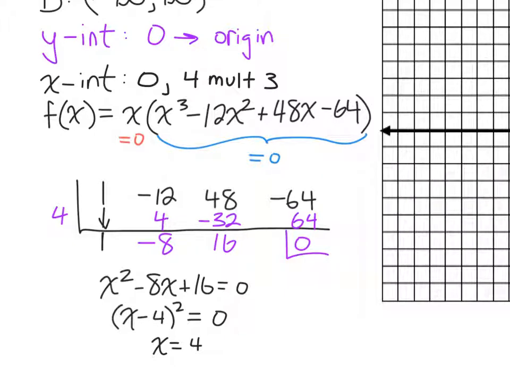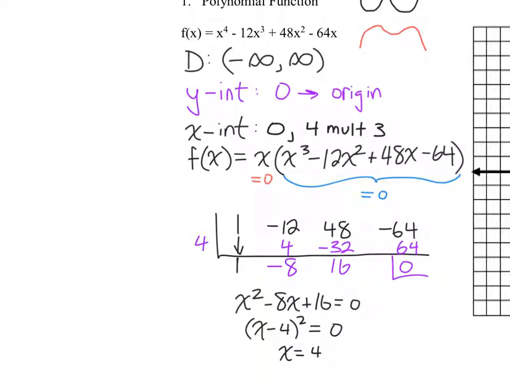If it's multiplicity of 3, it behaves like a cubic function around the x-intercept. So I actually have a good sense of what this graph is going to look like now. If I had to draw a rough sketch, and oftentimes that's all you have to do, just by knowing that information, I would plot 0, 4.